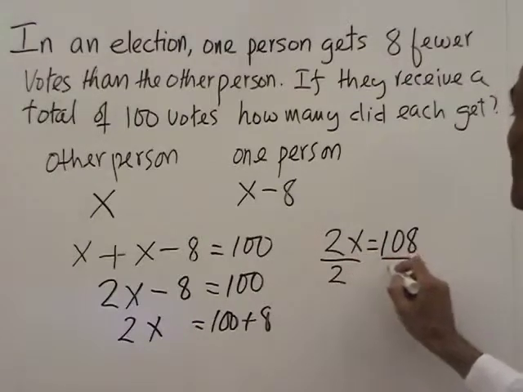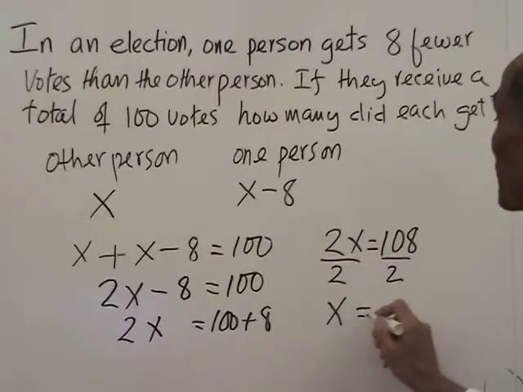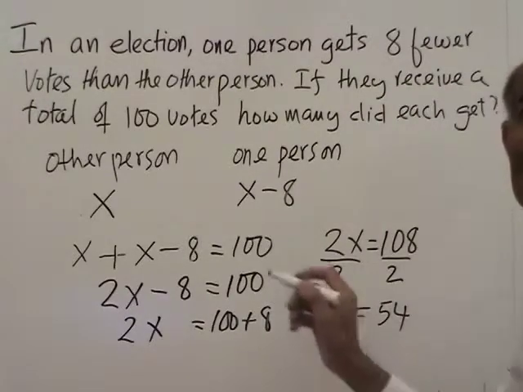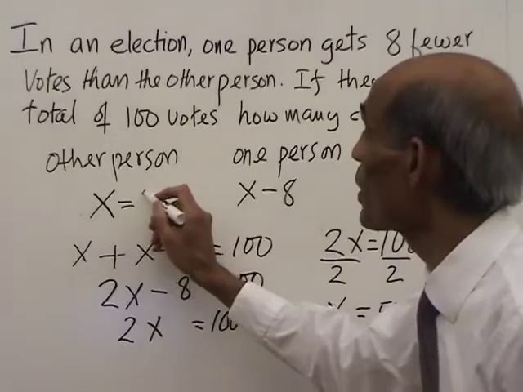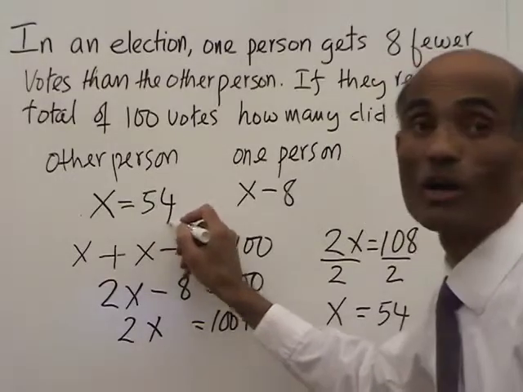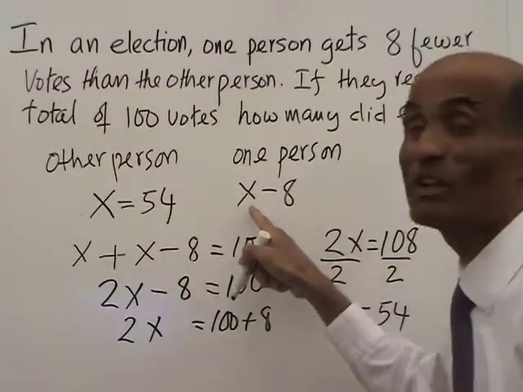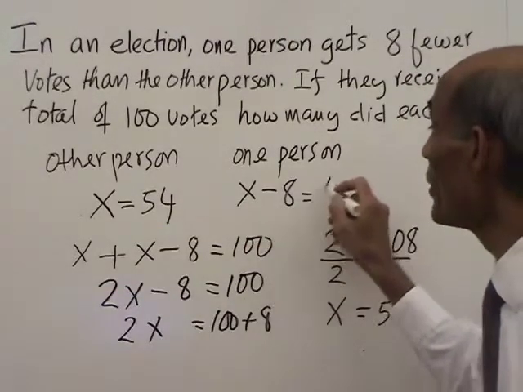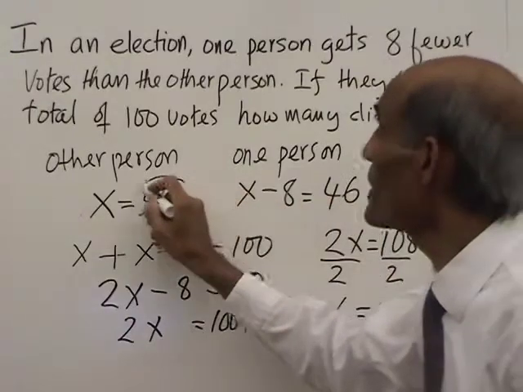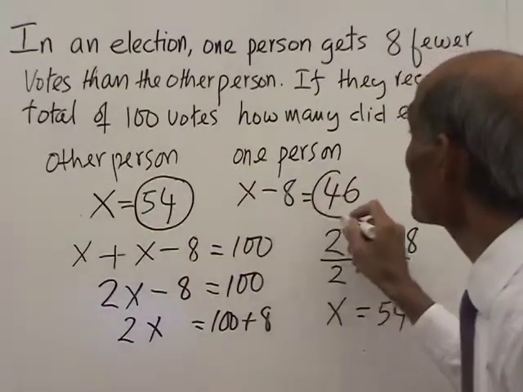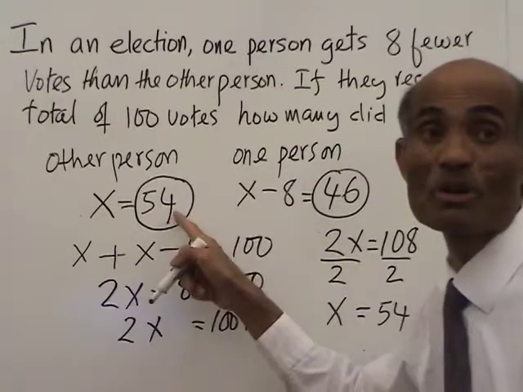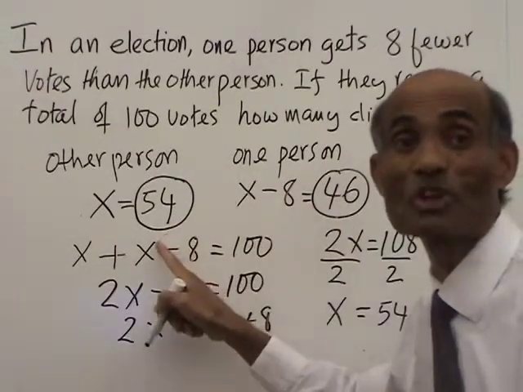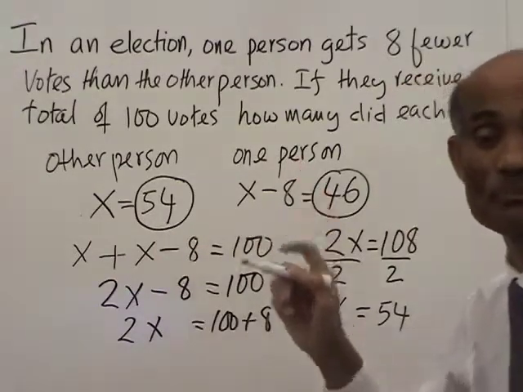Divide both sides by 2. We get x equal to 54. Is that right? So the other person got 54 and this one person got 54 minus 8, which is 46. So the number of votes each person got: one person got 46, the other person got 54.